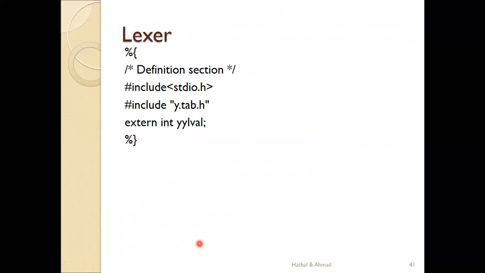So let us take an example that acts as an arithmetic calculator that computes the value of an expression. For that, here is a program. First is the Lex analyzer, with definitions for the Lex analyzer, which may include various declarations.